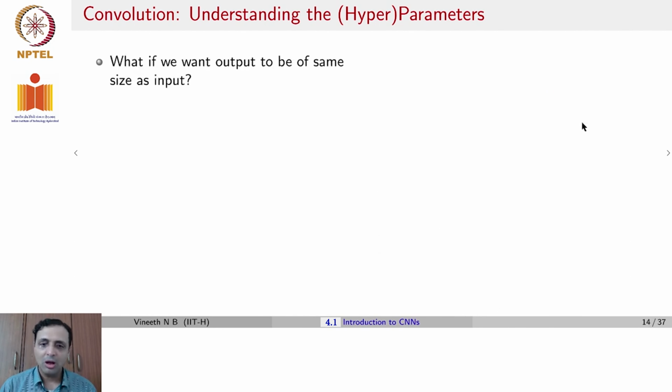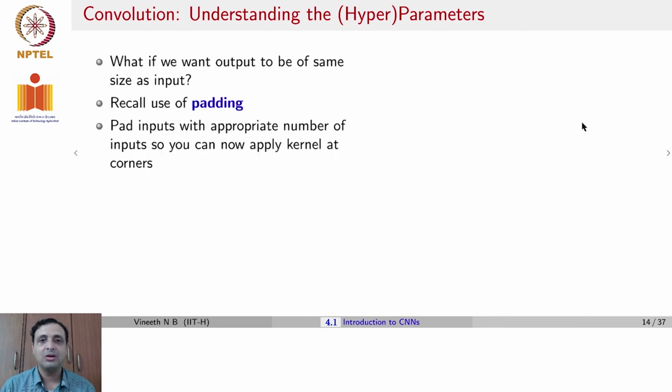We saw earlier that if we want our output to be the same size as the input, we do what is known as padding. In the first week, we also talked about a few different ways of doing padding. The simplest way to do padding is to add zeros along multiple rows and columns outside the image so as to extend the original dimensions of the image.